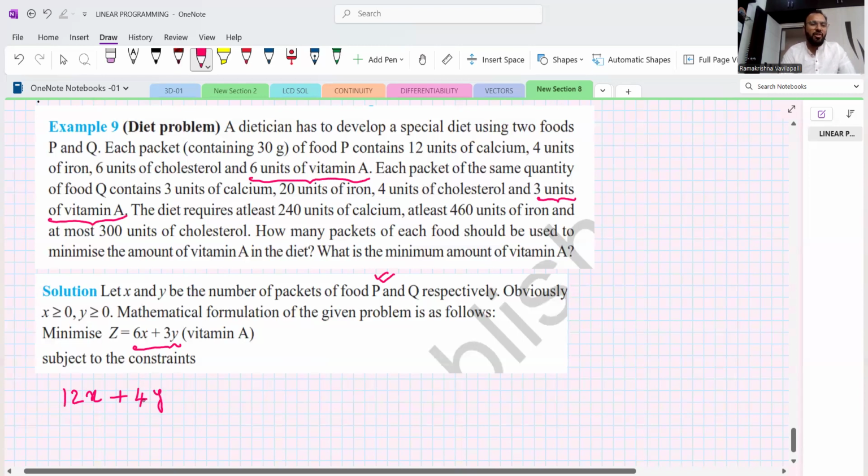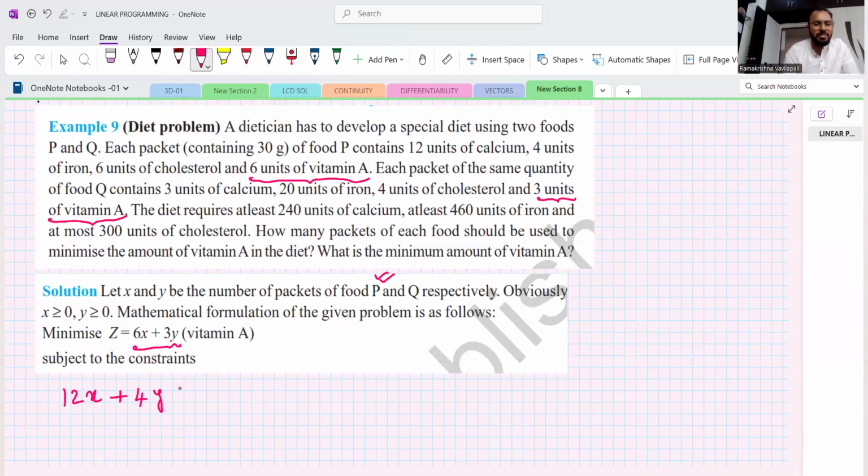Now the diet requires at least 240 units of calcium, so it must be greater than or equal to 240. This is the calcium constraint.